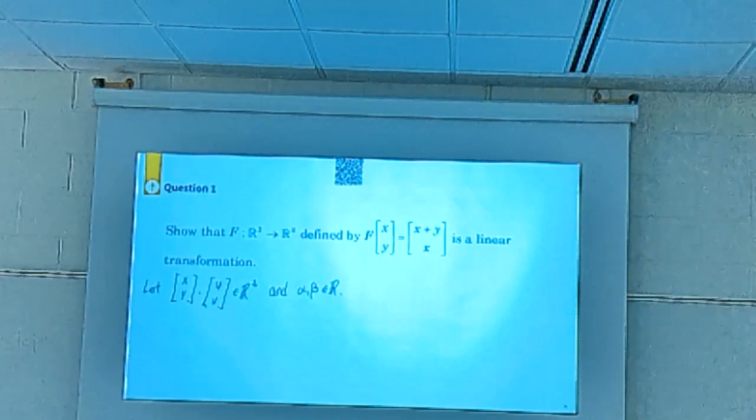Take two arbitrary vectors in R2 and two arbitrary constants.